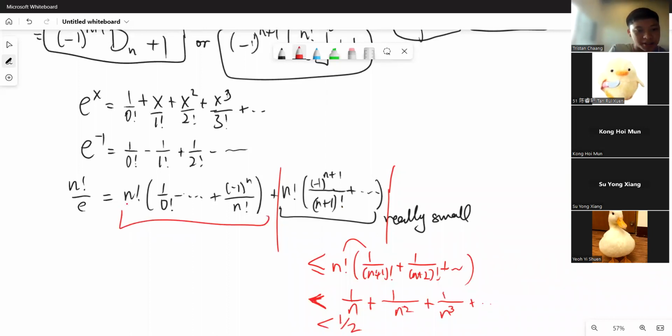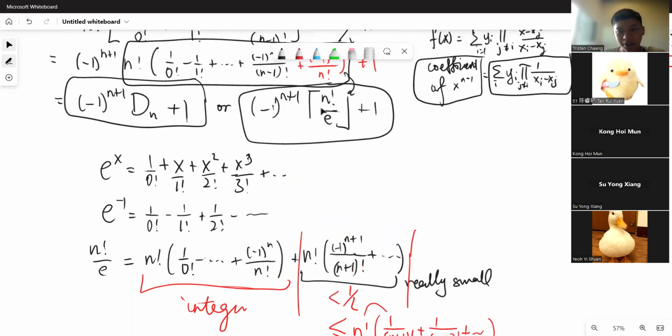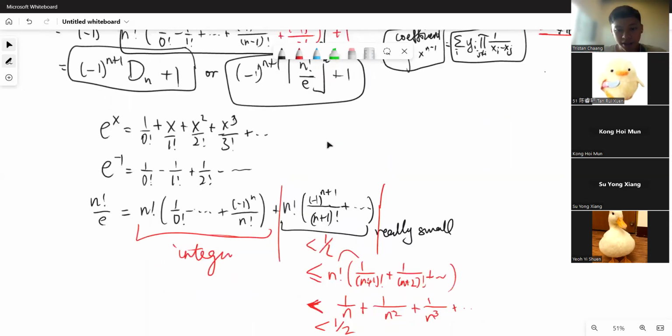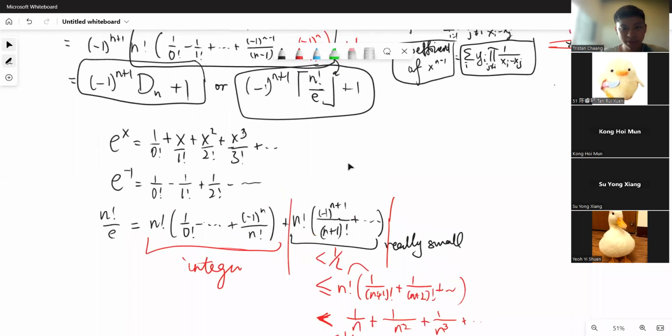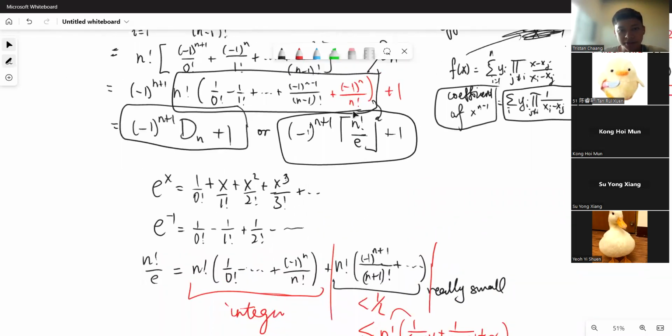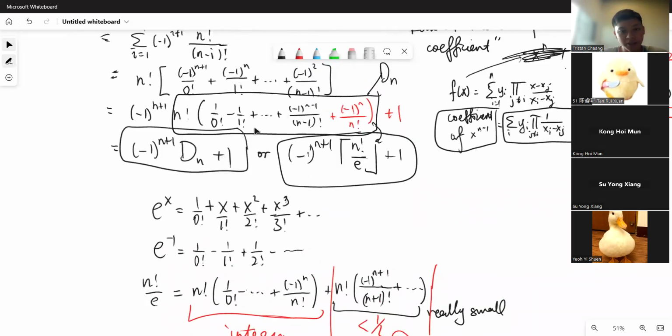So this is an integer, and this is a number less than 1/2. So you know that this integer must be the rounded value of this. That's the algebraic part of this derangement thing: it's the rounded value of n factorial over e. But the actual significance of it is that it's a derangement, and you can look back at the combinatorics handout.